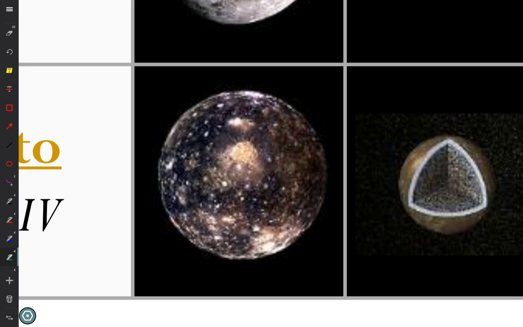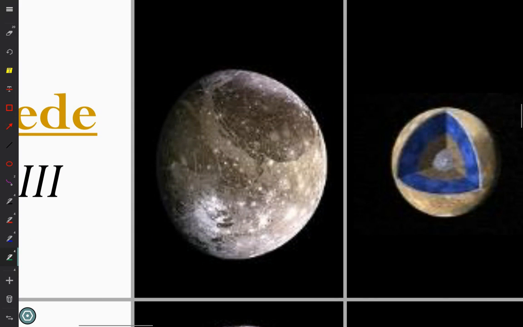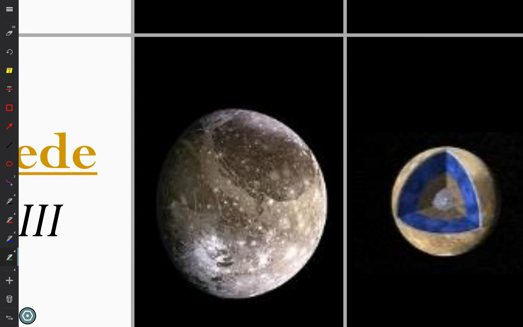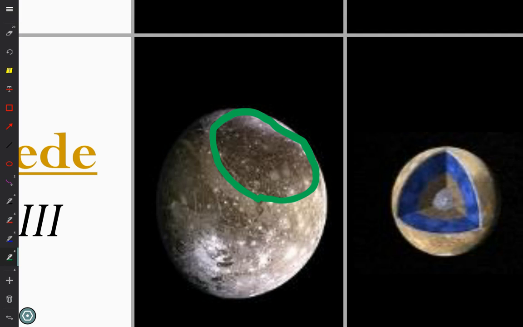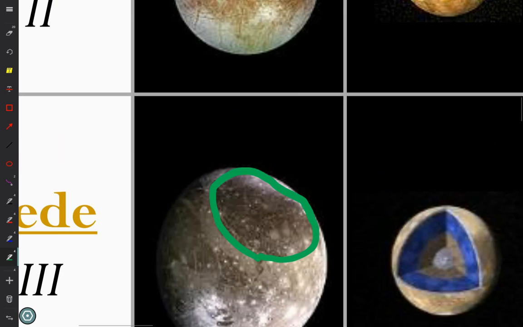So a young surface has very few craters. An old surface has lots. So you look at Callisto and you say it must have had its surface frozen for a long time. If you look at Ganymede, Ganymede has a lot of craters, but it has big regions that have far fewer craters. And so those must be much younger regions where you've had liquid water on the surface and then it's frozen over again. So not frozen as long.